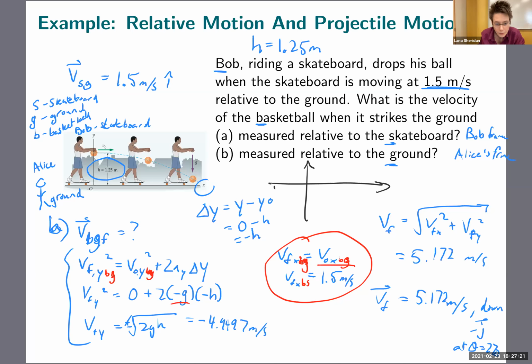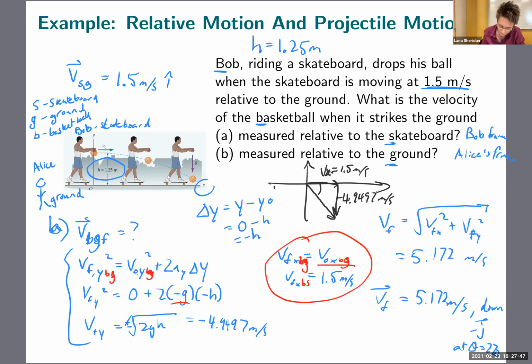So at this point, the initial launch vector is to the side. The final vector is going to have a component, vx, I should say. Vx is 1.5 meters per second, and the downward y component is minus 4.9497 meters per second.